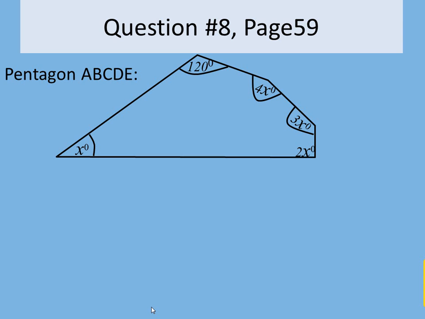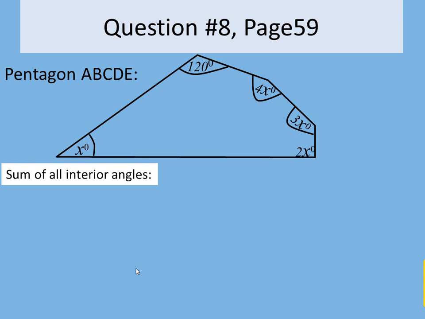And we need to find the value of x. So the angles are already here, and this is the pentagon. Now, there are two ways that we can go about summing the angles of this pentagon.